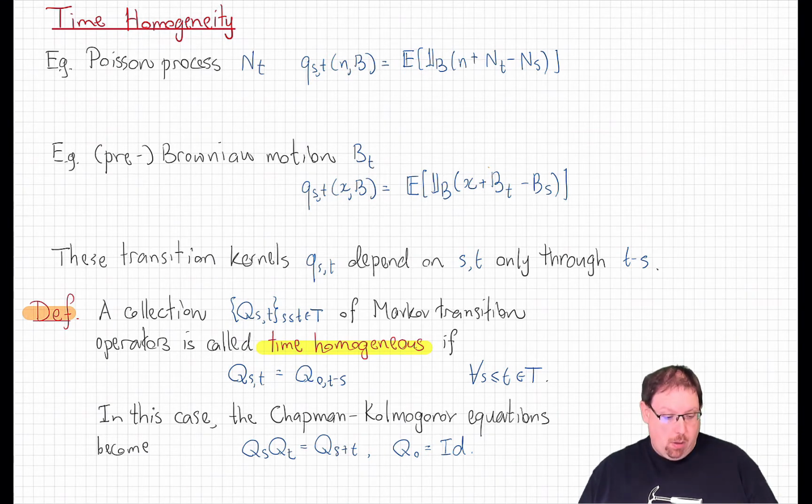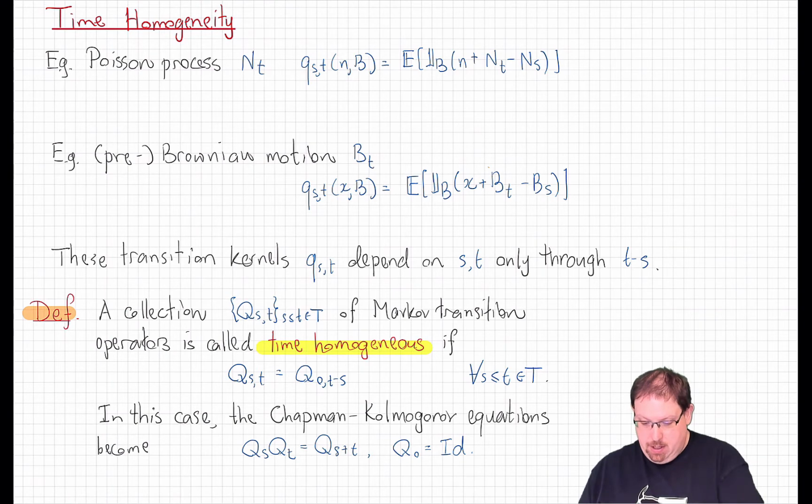the form we'll always get when we have independent increments. And this random variable, N_t minus N_s, is a Poisson distributed random variable with rate lambda times the Euclidean length of the time interval, t minus s.